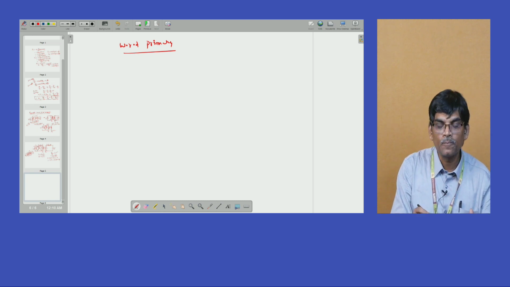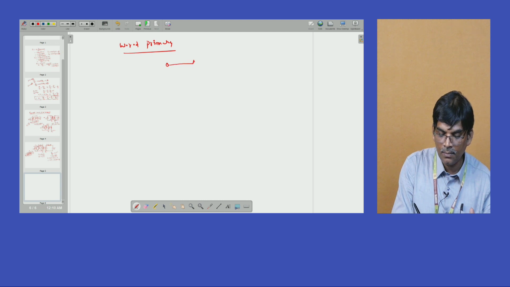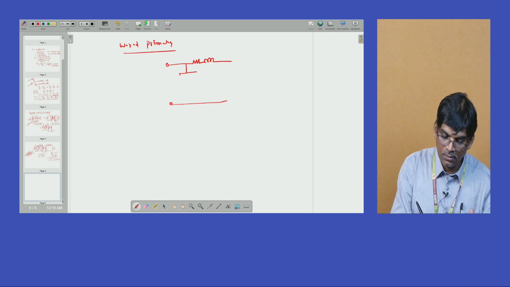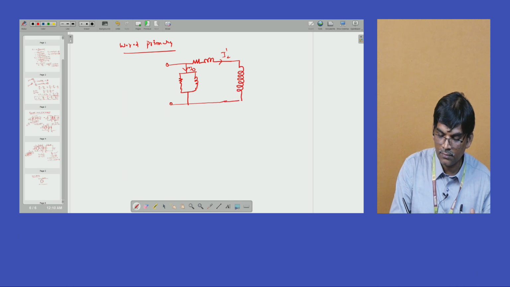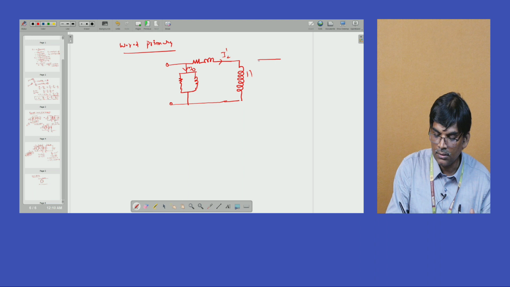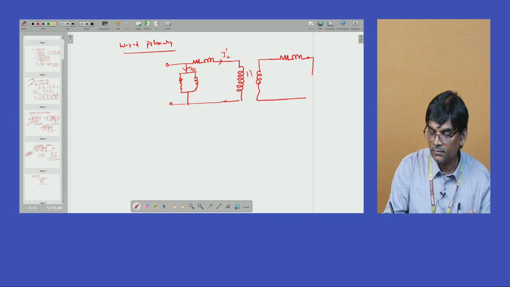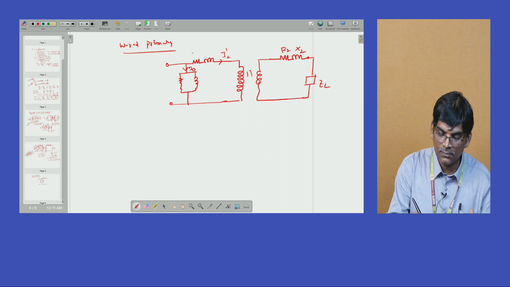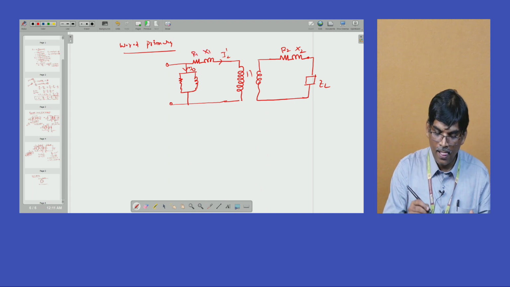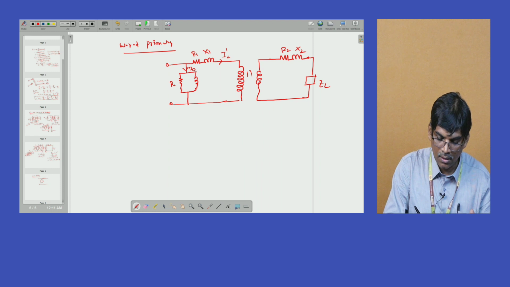These are the no load current parameters, and this is the secondary side parameter with respect to primary. Finally it is connected here: ZL, R2, X2, R1 and X1. Now this is called RW, XM.